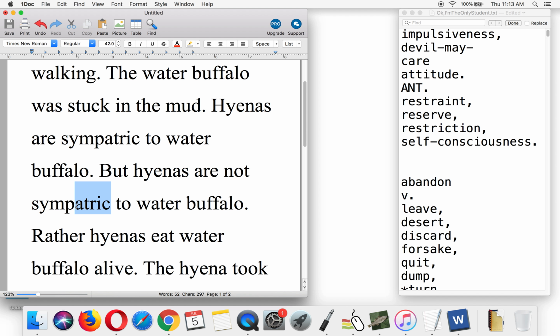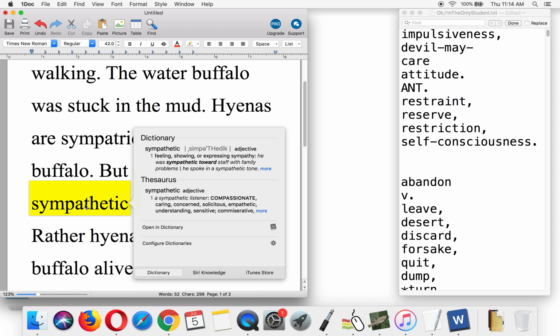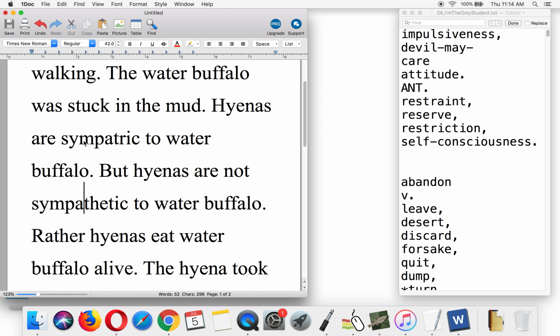Okay, I wanted to put they're sympathetic. Okay, sympatric sounds like sympathetic. So here's what sympathetic means: feeling, showing, or expressing sympathy. So this is kind of a play on words here, sympatric and sympathetic.